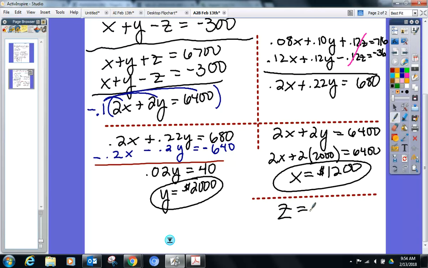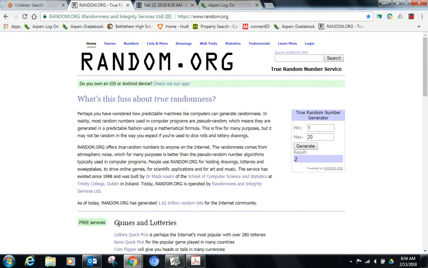So now go back to one of the original equations we made, plug in X and Y. How much money did we have at Z? Four when you're ready.